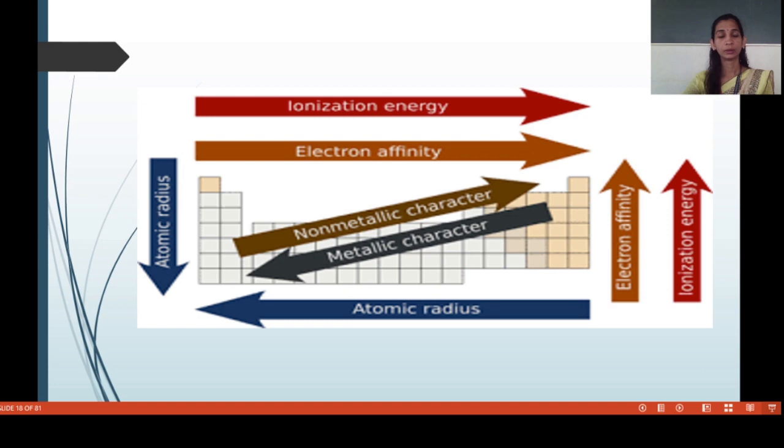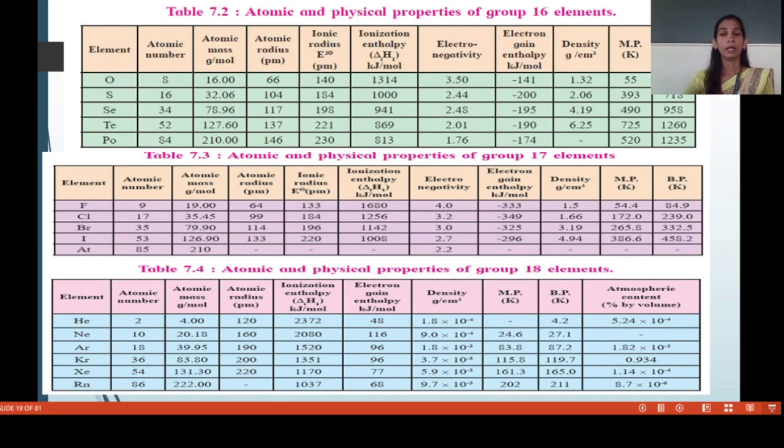If we move from left to right, the ionization energy goes on increasing and atomic radii go on decreasing, while atomic radii increase from top to bottom. In this chart, we have all the values of atomic and physical properties of groups 16, 17 and 18.